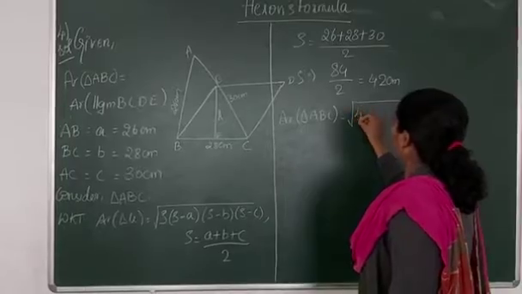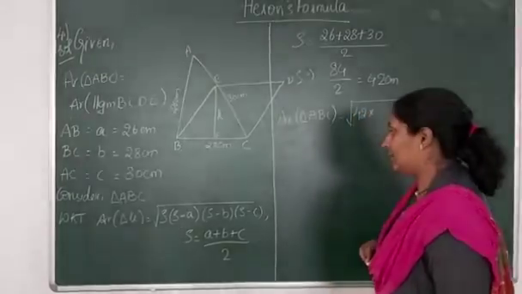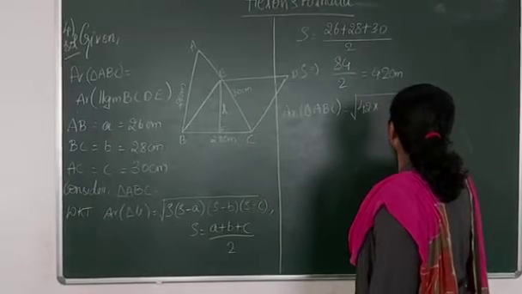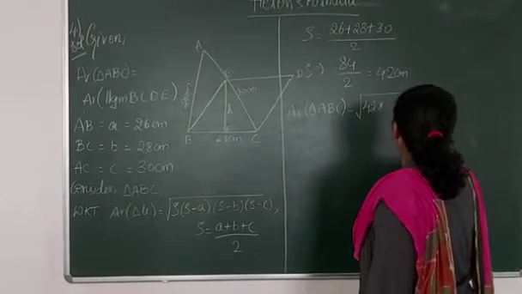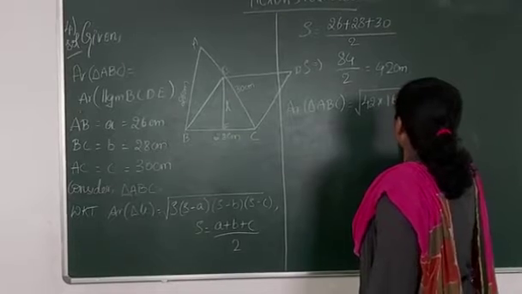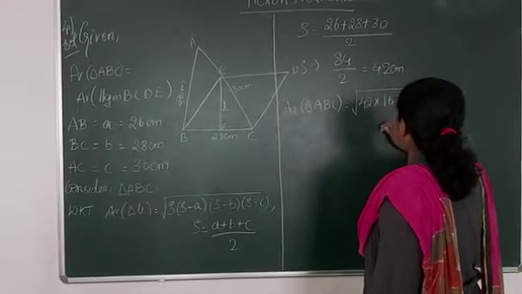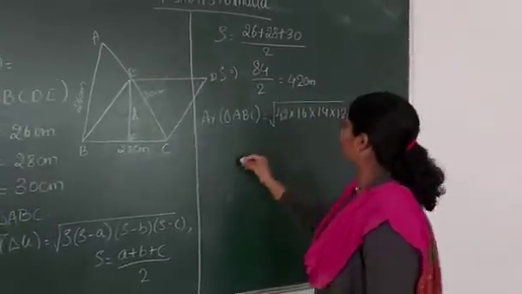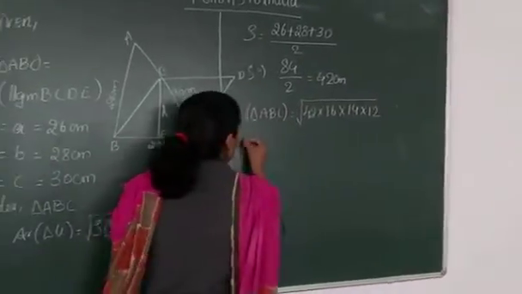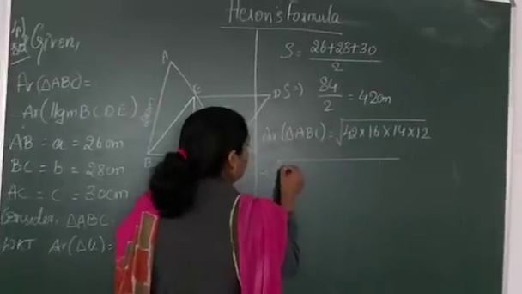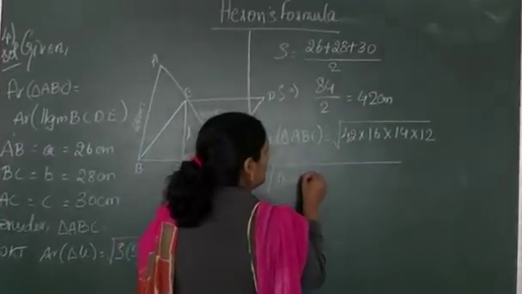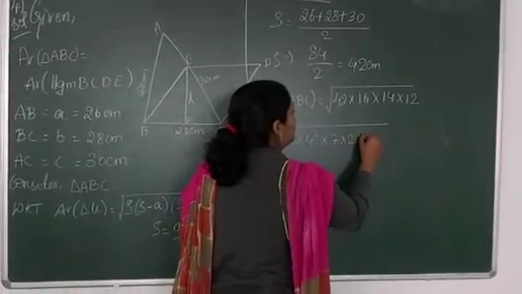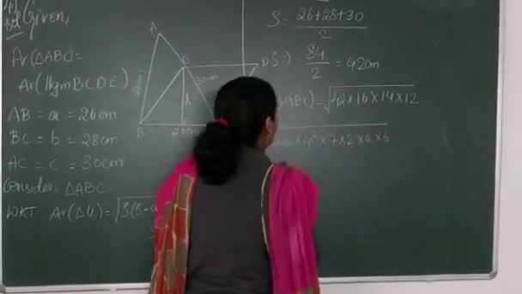Hence the area of triangle ABC is equal to square root of 42 into 42 minus 26, which is 16, into 42 minus 28, which is 14, into 42 minus 30, which is 12. Now let's write 42 as 7 into 6, 16 as 4 square, 14 as 7 into 2, and 12 as 2 into 6.